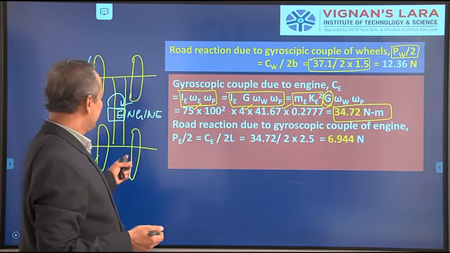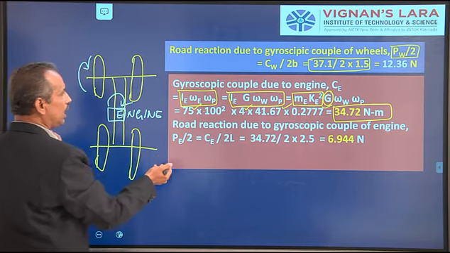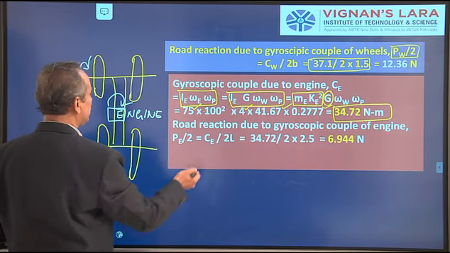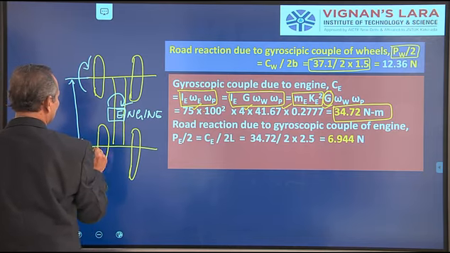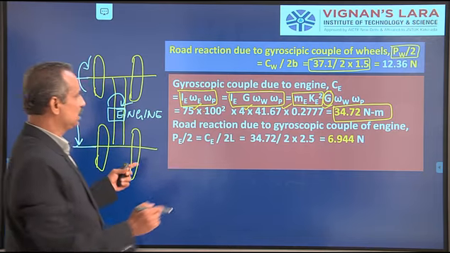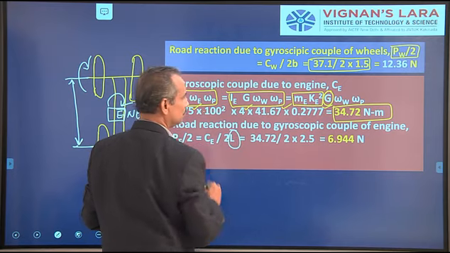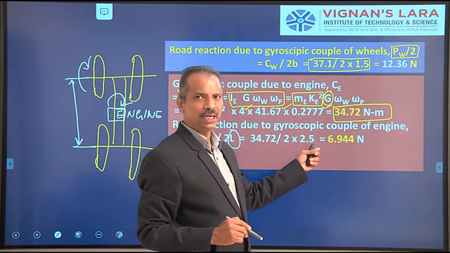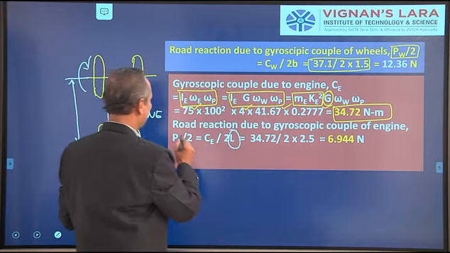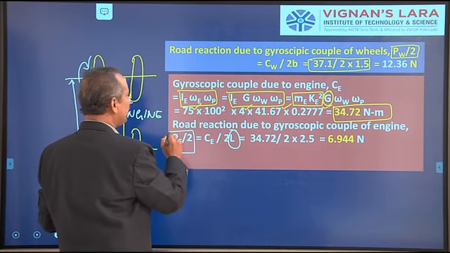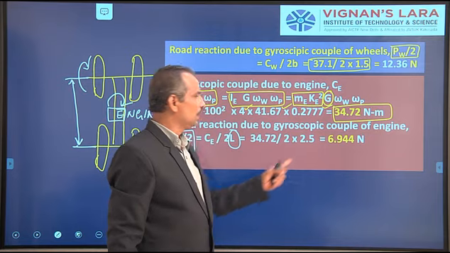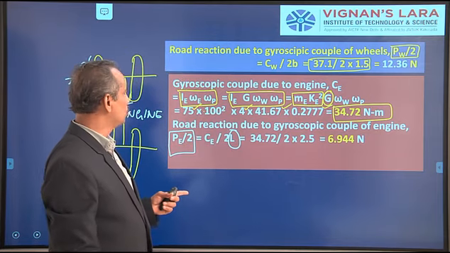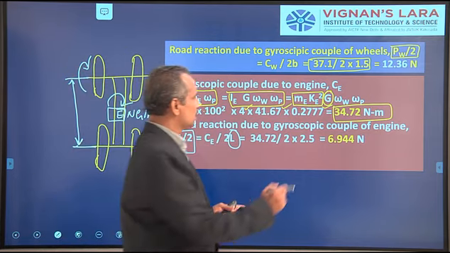So that is why, to find the gyroscopic couple due to the engine, we have to consider this length which is given in the problem, 2.5 meters.